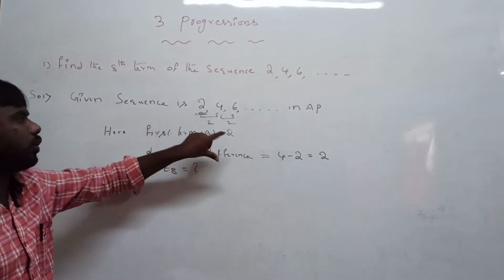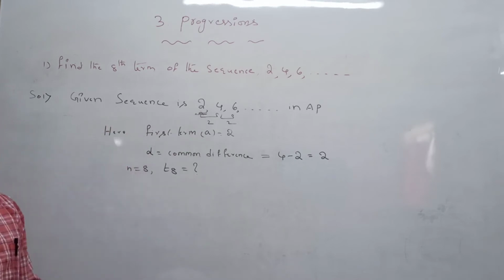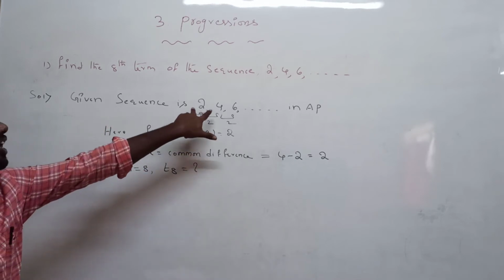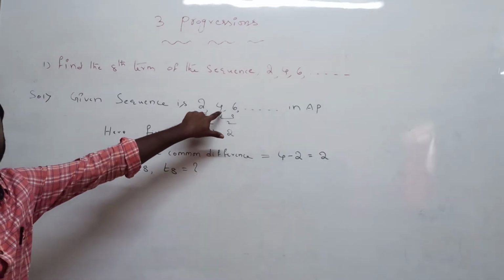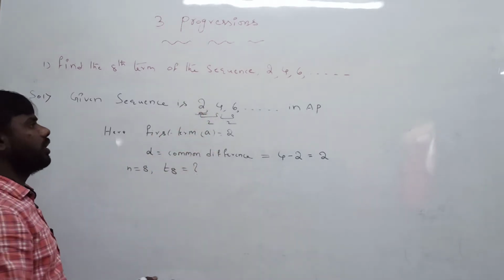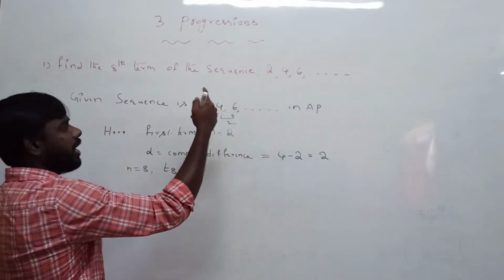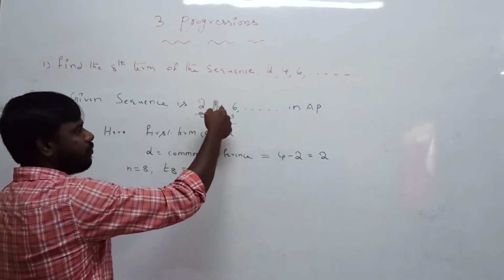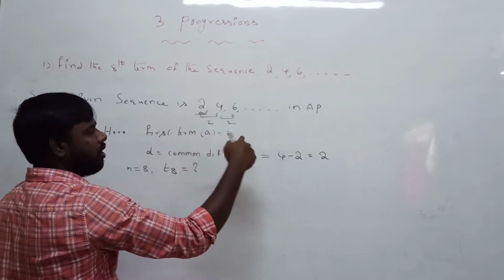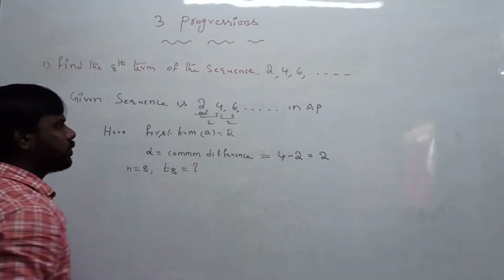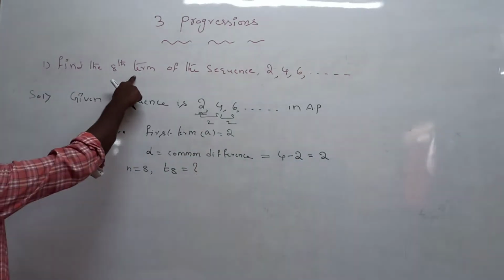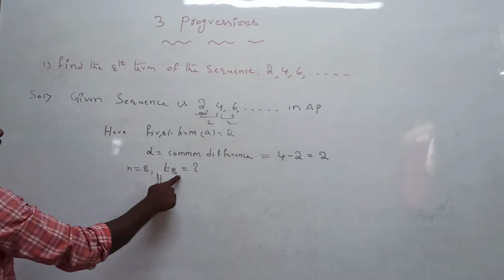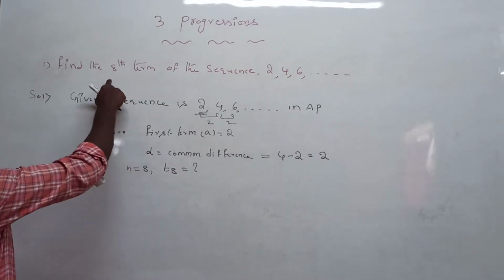The first element is 2, so a equals 2. Next, d is the common difference, the difference between any two terms. Taking one element, 4 minus the term before it, 2, is 2. The difference is 2. Next, the nth term: to calculate the 8th term, n equals 8.